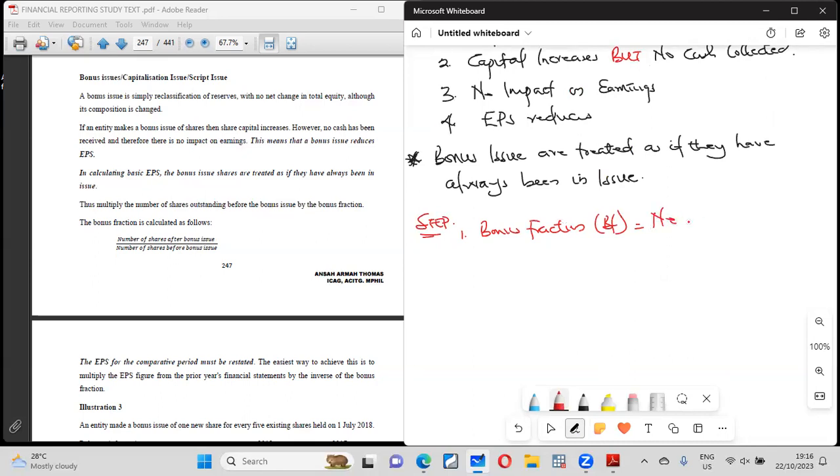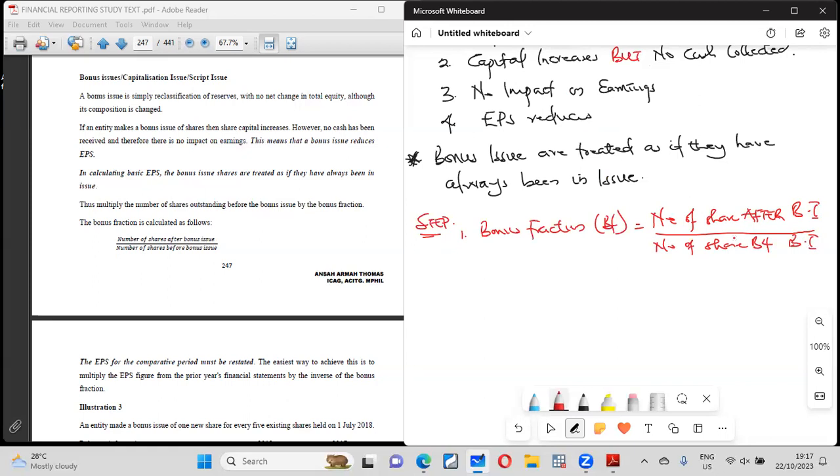So number of shares after the bonus issue all over number of shares before the bonus issue. So that is that.